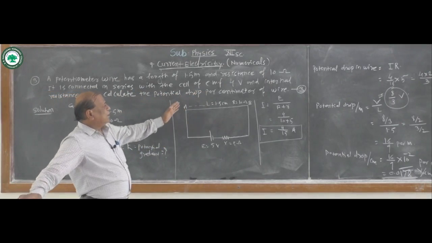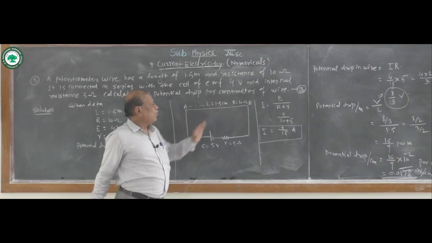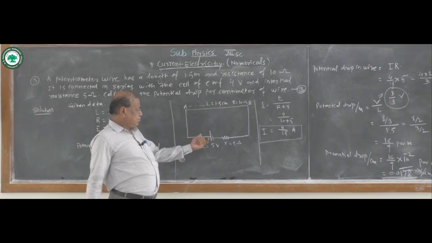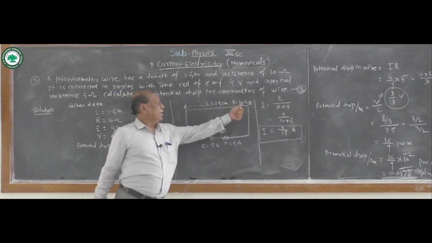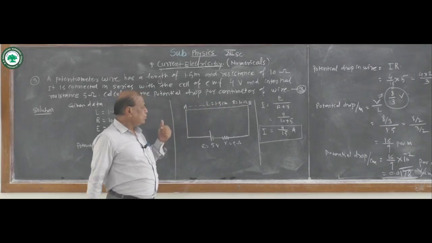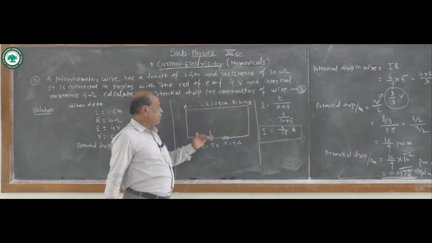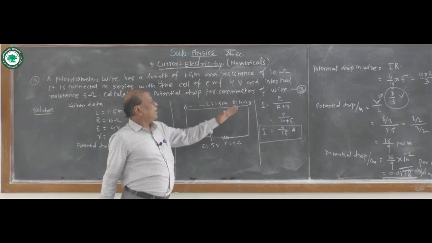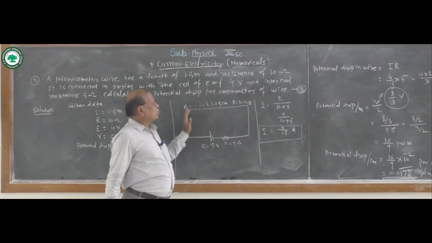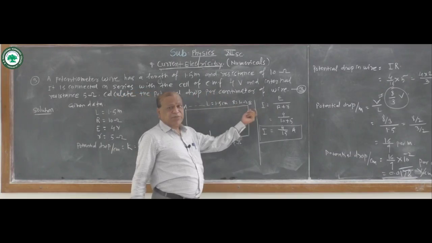Here length and resistance of wire are given. This is the potentiometer AB wire, primary circuit here. Now applying Ohm's law to this complete circuit, what is the current flowing?